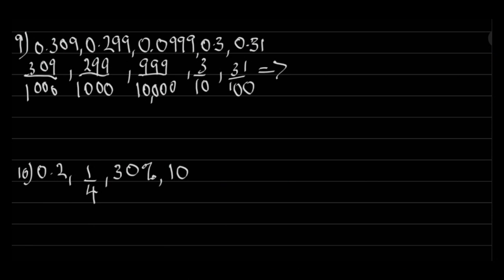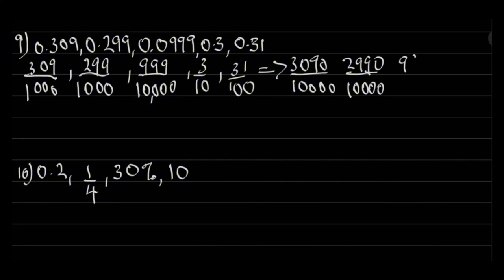So let's find the LCM. We are going to use the biggest denominator we have, so that would be 10,000. Each one into 10,000: 1000 goes into 10,000 10 times, so we have 3,090 over 10,000. The next one, 2,990.